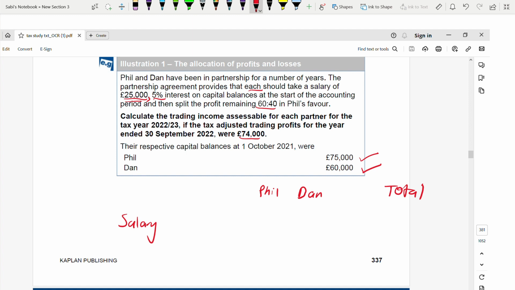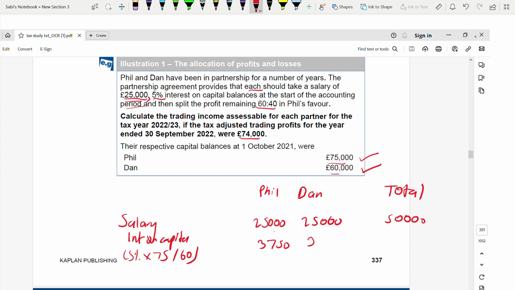So salary is 25,000 each, total 50,000. Then we have interest on capital. Interest on capital at the start of the accounting period: 5% on 75,000 and 5% on 60,000. On 75,000 for Bill, that is 3,750.